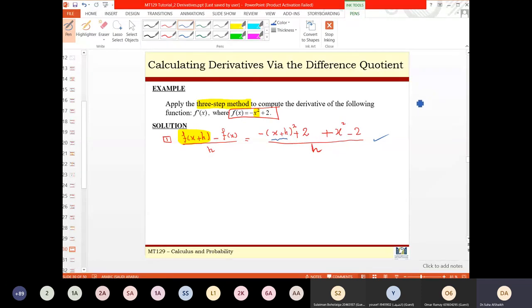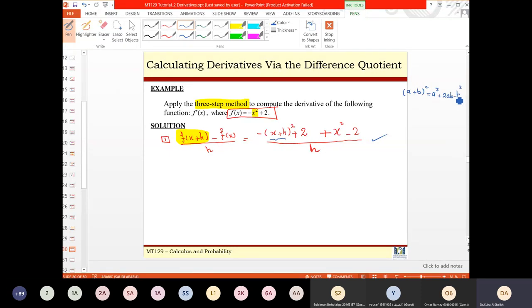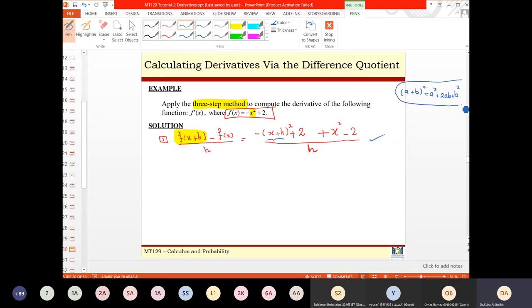We have this rule. If you remember, if I have a plus b سكوير مربع الأول مربع الثاني 2 الأول في الثاني. صح ولا لا؟ So x plus h square is nothing but minus x square plus 2xh plus h square plus the 2 plus the x square minus the 2 all divided by h. شايفين ايش سويت؟ This amount x plus h square صار كذا.